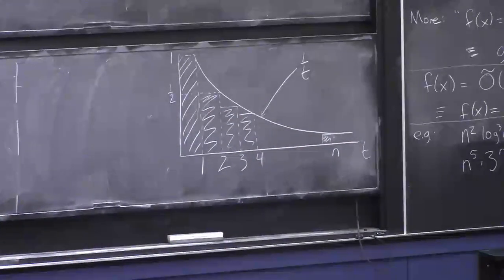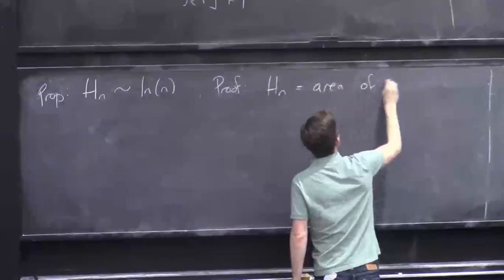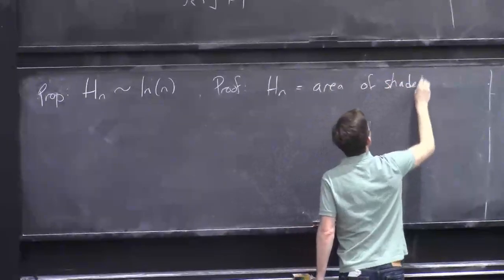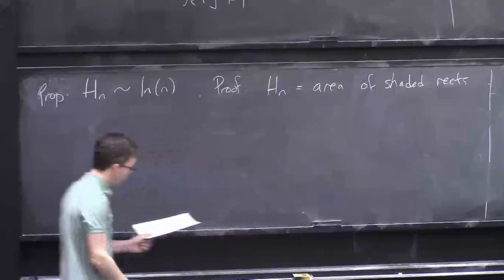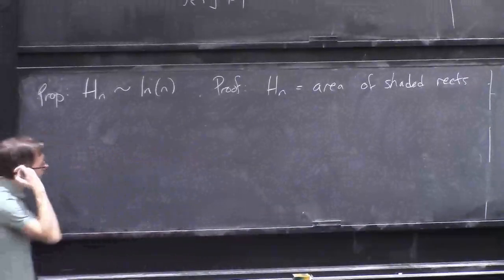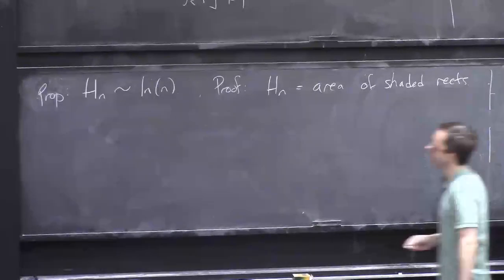So this is proof: H of n equals the area of the shaded rectangles. Now let's start by trying to get an upper bound.